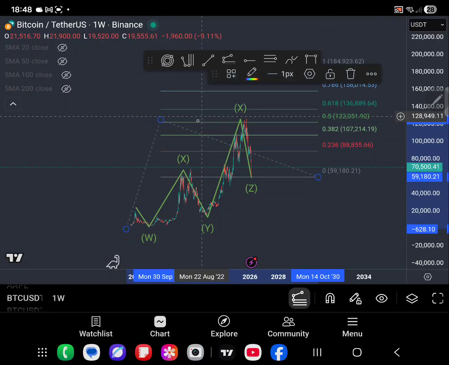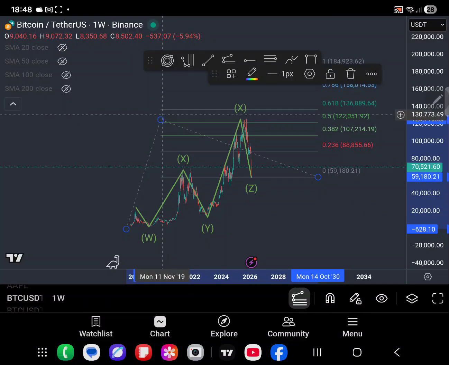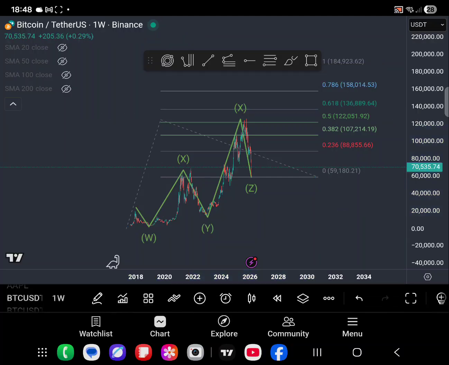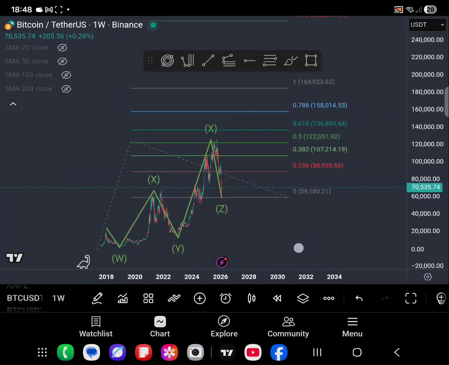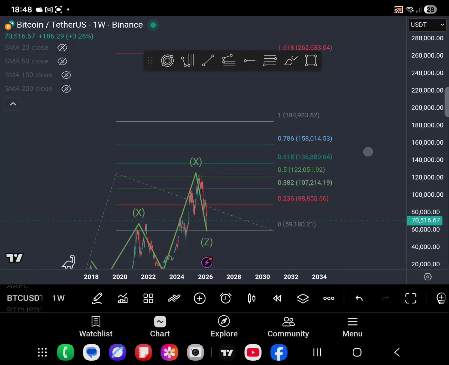So it's at that level, which was about $125,000.